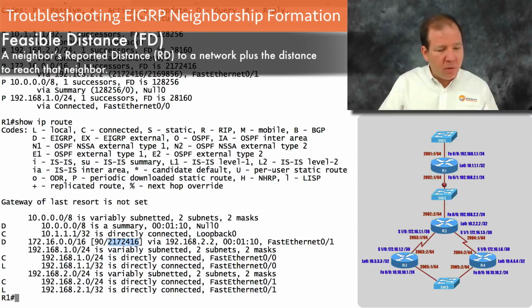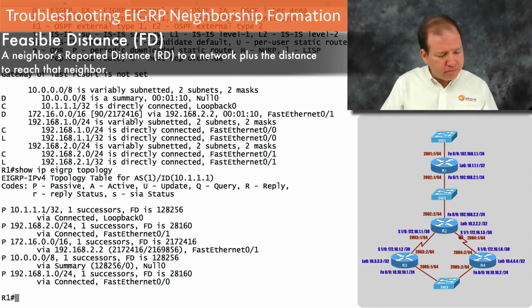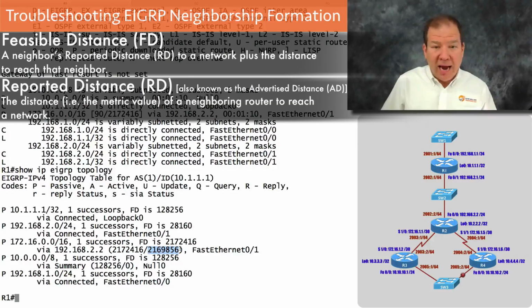By the way, a little reminder about feasible distance. Let's take a look at the topology table again. Remember that this number in our topology table is our feasible distance. This is the metric for us to get to this network. This next number is sometimes called the reported distance or the advertised distance.